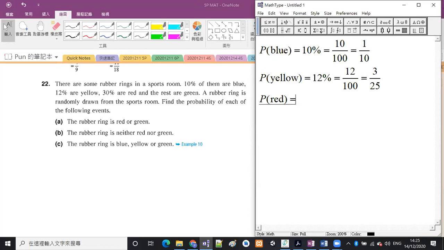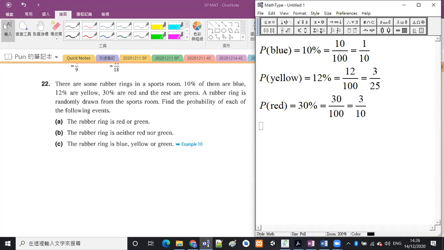P red is equal to 30%, and 30% is 30 over 100, that is equal to 3 over 10. So the percentage is already the probability, because it indicates how likely we can select that type of rubber ring.